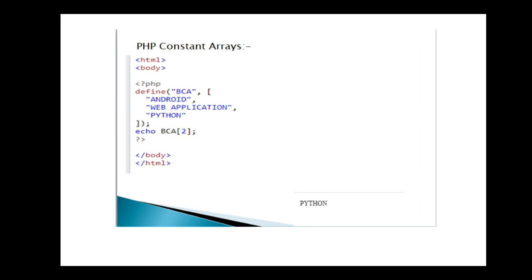You can see I gave echo BCA with position 2. I said Android begins from 0, web application from 1 and Python is 2. So the output of this will be Python. If you mention the array index, then the element at that position will be displayed.